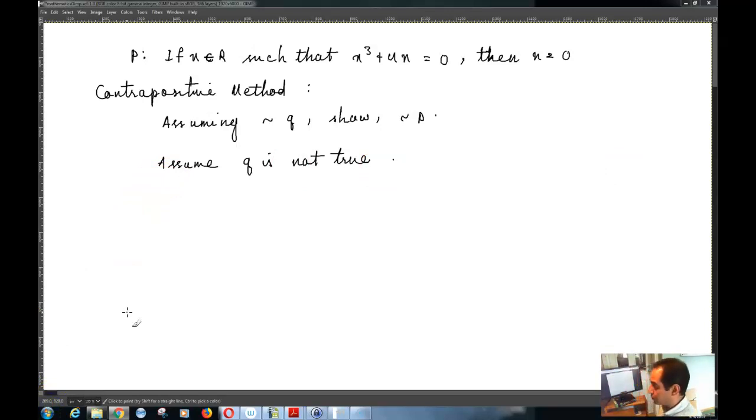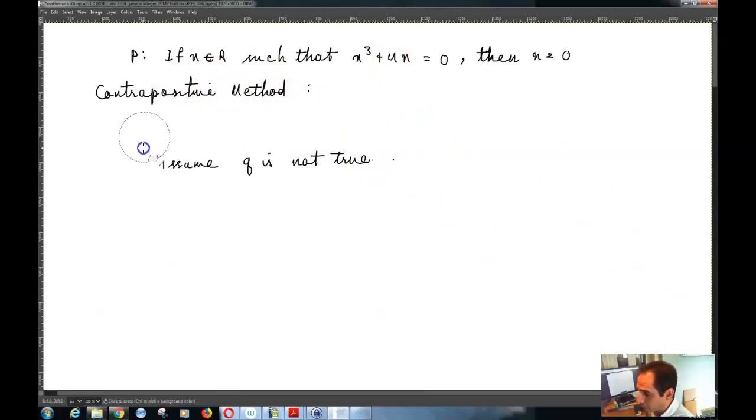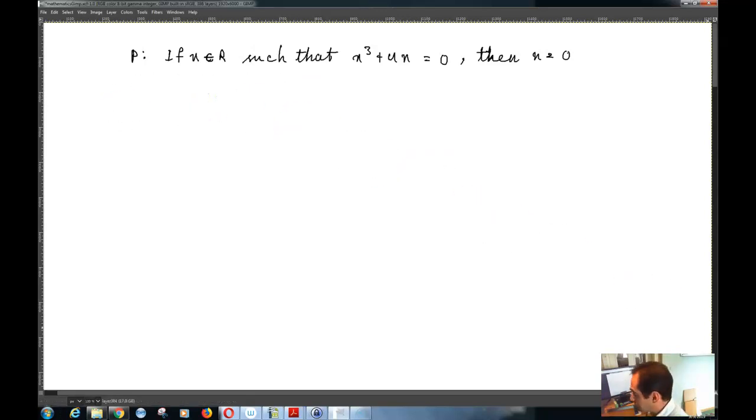Okay, so now basically what we need to do is, from the very beginning, by the contrapositive method, or actually by the method of contradiction.